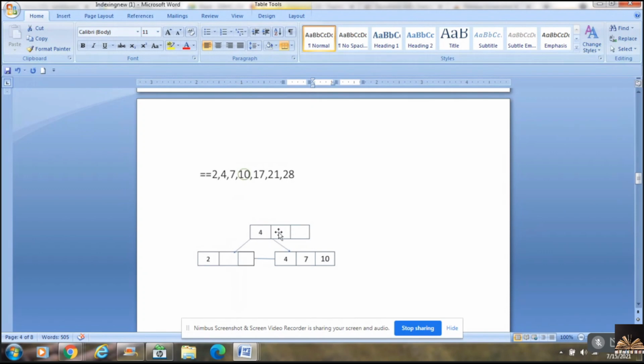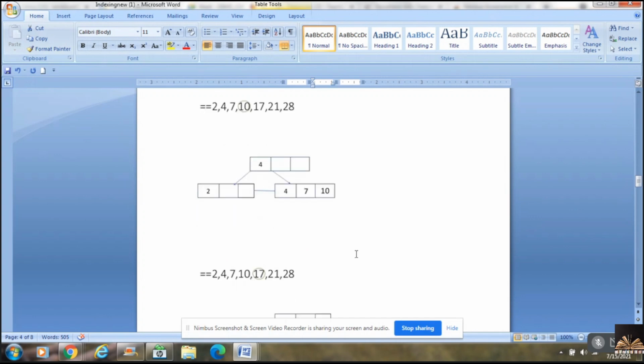There is no other value, so I'm talking with respect to 4. 4 is greater than or equal to 4, so I'm putting 4 over here. 7 is greater than or equal to 4, 10 is greater than or equal to 4. So now 2, 4, 7, 10 have been inserted into their proper position.